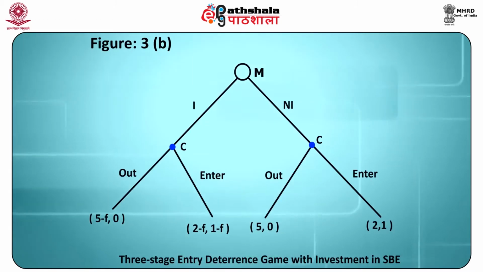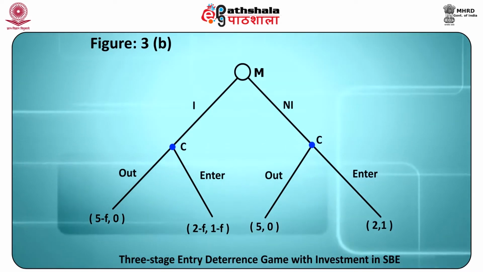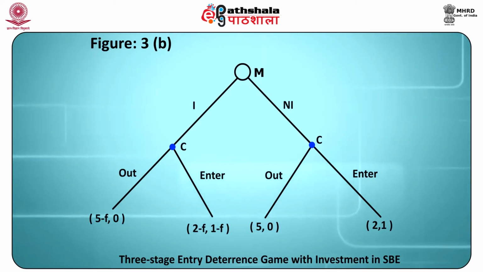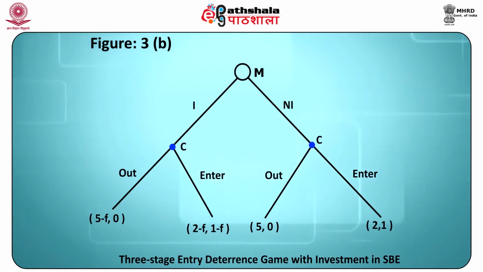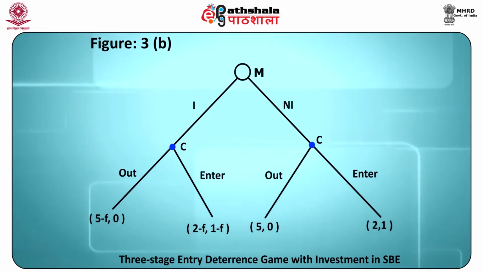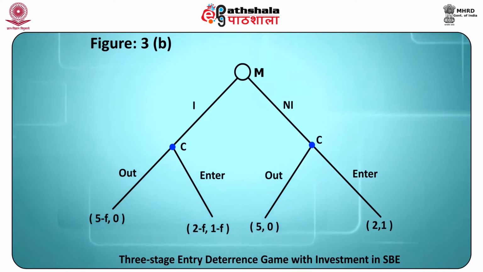The game tree below describes the situation. Figure 3b shows the three-stage entry deterrence scheme with investment in SPE. Note that in this game, as depicted in figure 3b, the first payoff in each cell belongs to the monopolist M, while the second one belongs to the challenger C, unlike the situation in figure 3a above.